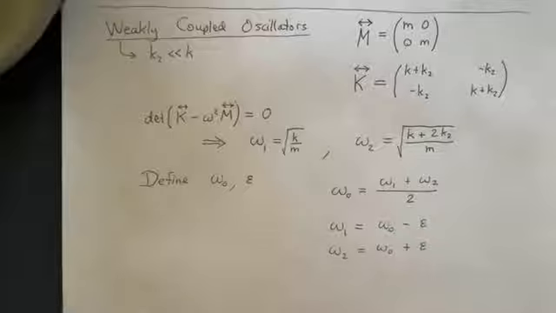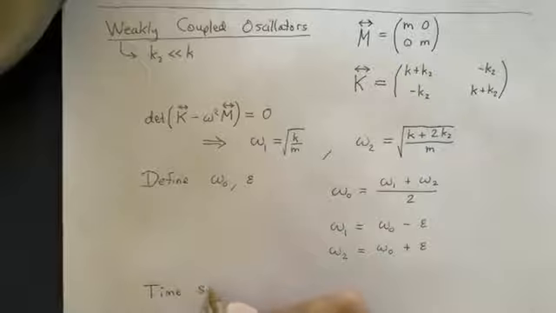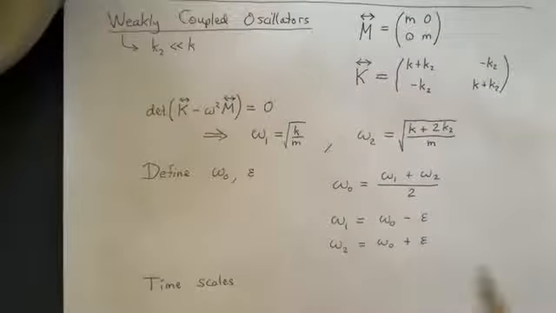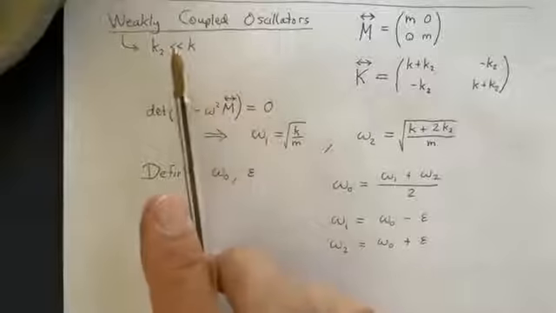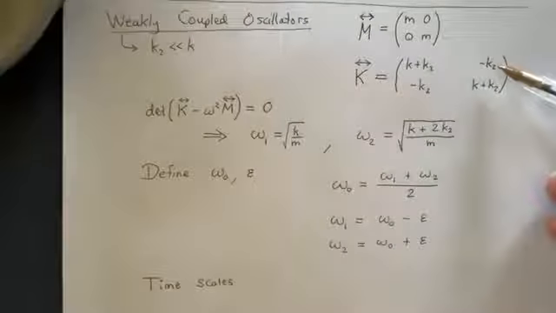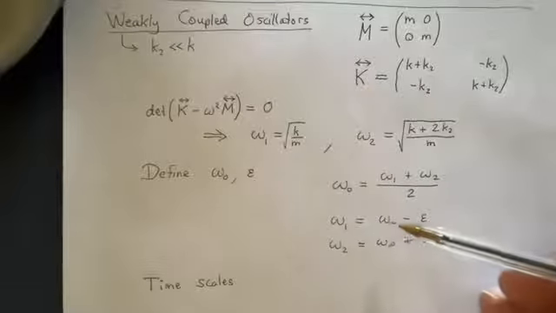So what we have here, for this problem with weak coupling, we have weakly coupled oscillators. K2 is small. This epsilon is much smaller than omega naught.